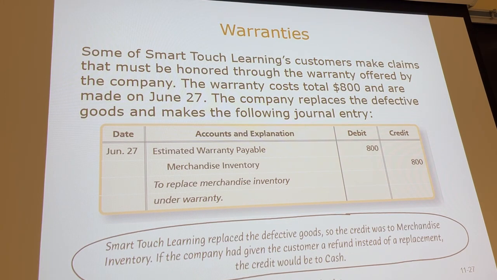But whatever the cost was to repair their product, you would be crediting the appropriate account for that instead of crediting merchandise inventory. So you just have to read what the problem says. Did they replace the product, or did they do something else to repair the product for the customer?